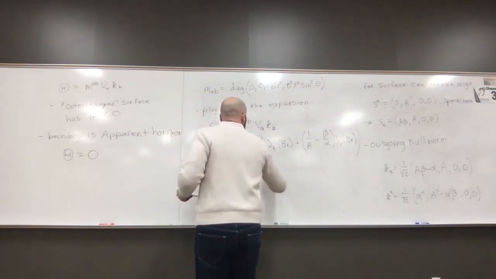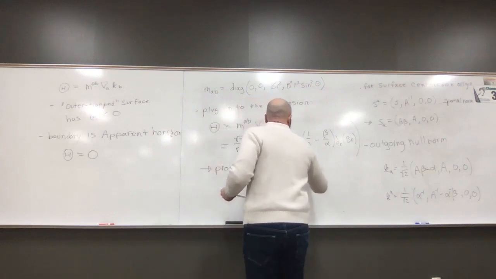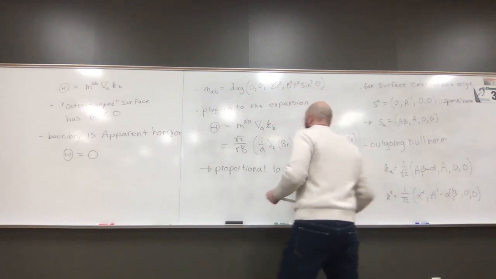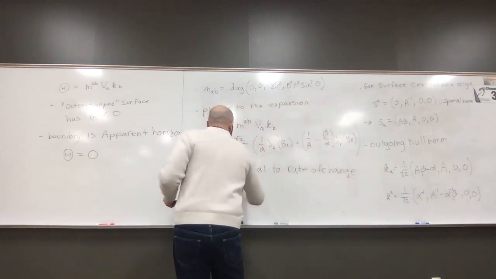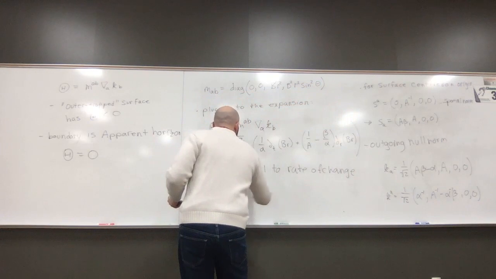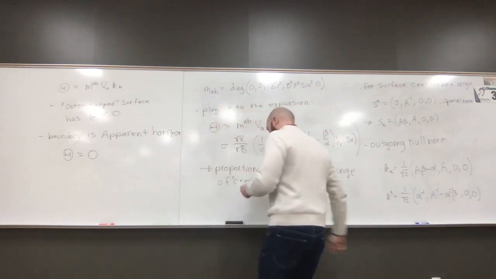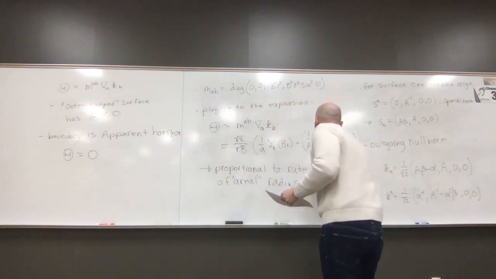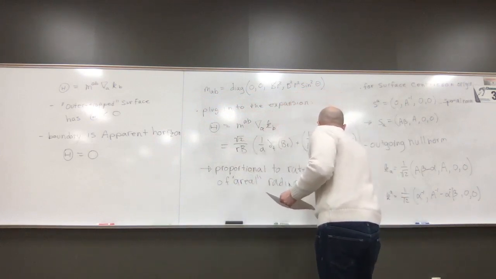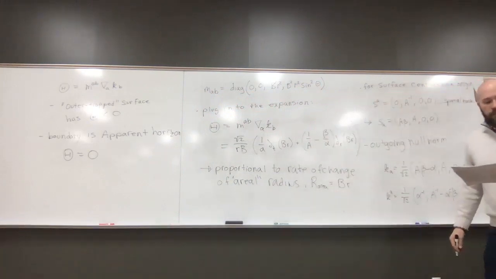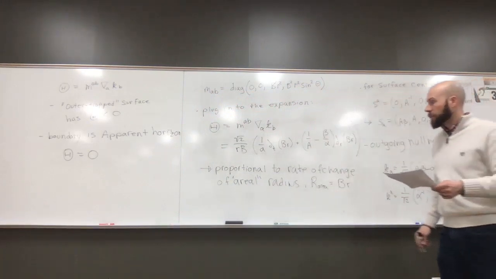So proportional to rate of change of the areal radius of a black hole, which we're going to call R area, happens to be equal to B times little r in these coordinates. Okay?